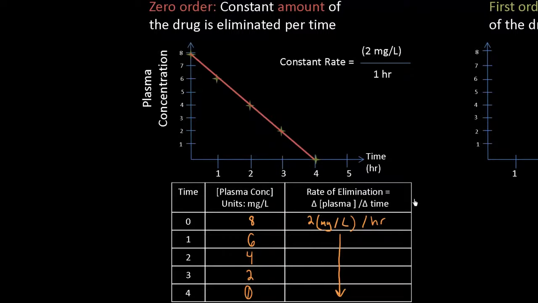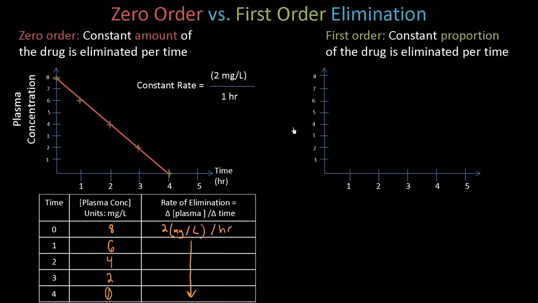Now let's compare this to first order elimination, which is happening most of the time. With first order elimination, a constant proportion of the drug is being eliminated per unit time. The example we're going to use here is 50% of the drug is eliminated per hour. I'm using the hour because it's simple and it allows us to compare these two graphs.